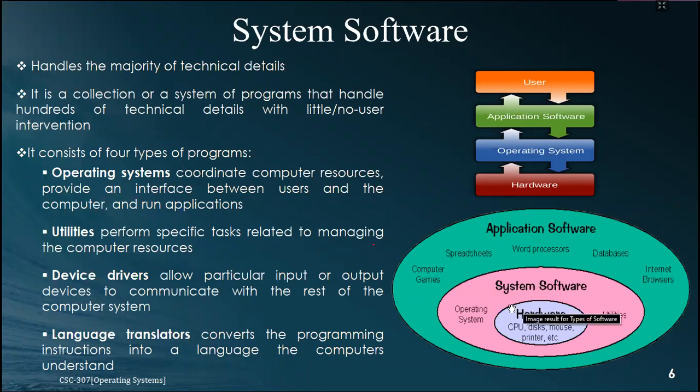So whenever I'm playing a game, I need resources like hardware: I need the CPU, I need the mouse, I need the printer. All these are controlled and allocated by the operating system and other utilities like device drivers, and your computer game is a program that will be translated by the language translator.